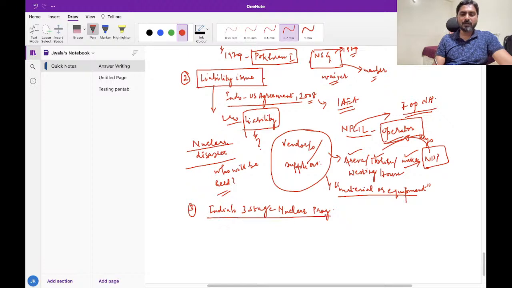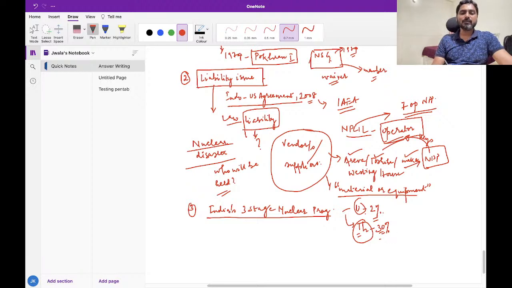Homi J. Bhabha conceptualized this because we do not have uranium. He knew that India has only 2% of the global uranium reserves, but India has 30% of the global thorium reserves. But thorium cannot be used directly as a fuel. Uranium can be used directly as a fuel, but thorium cannot. So uranium is less with India, but we have thorium, which cannot be used directly.